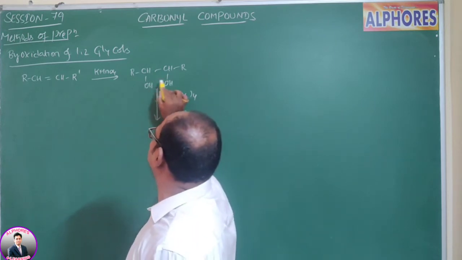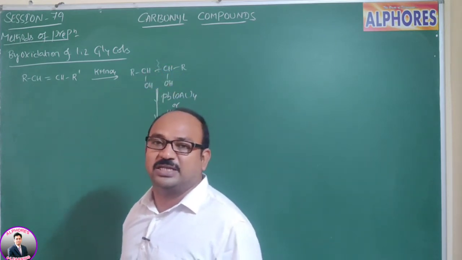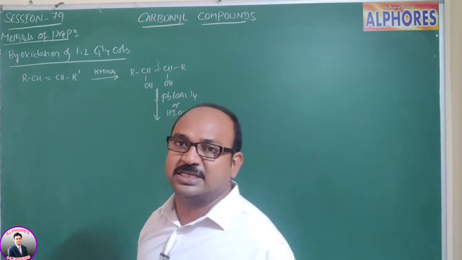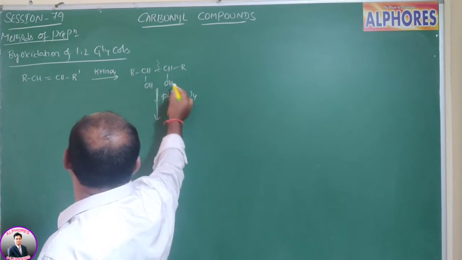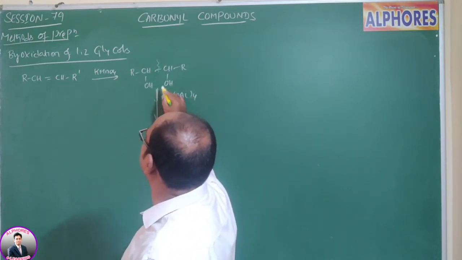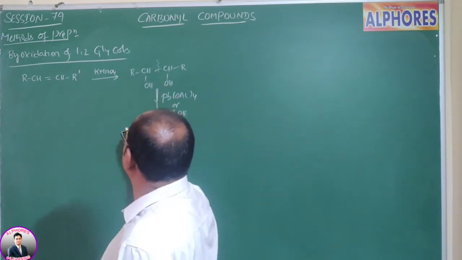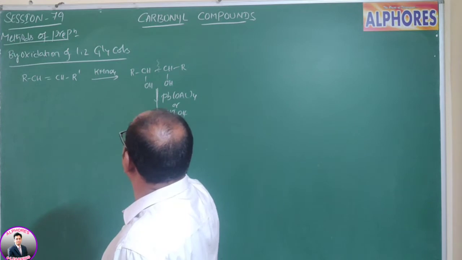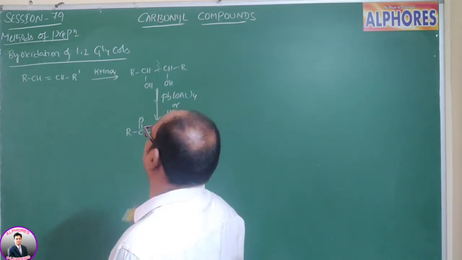So the bond between the OH-containing carbons is going to cleave via a cyclic transition state mechanism. Here HIO4 or lead tetraacetate oxidizes only vicinal diols, and here we are getting R, C double bond O, H and R dash, C double bond O, H. We can prepare aldehyde.